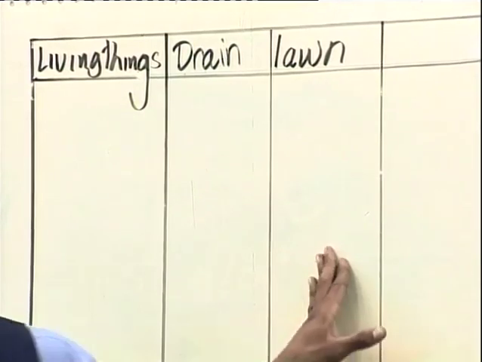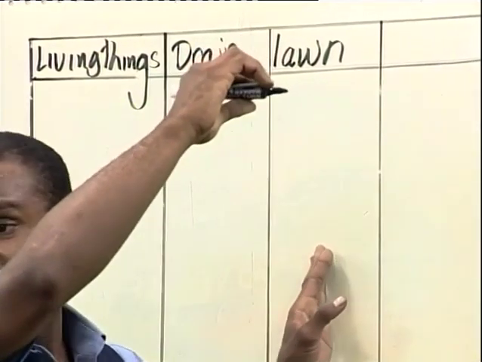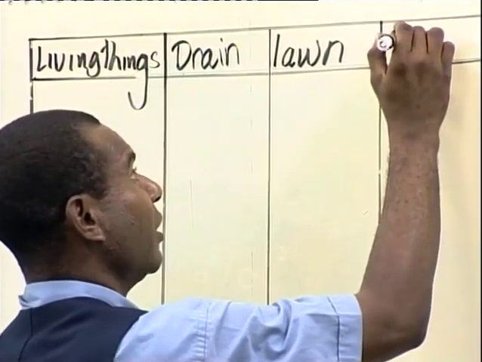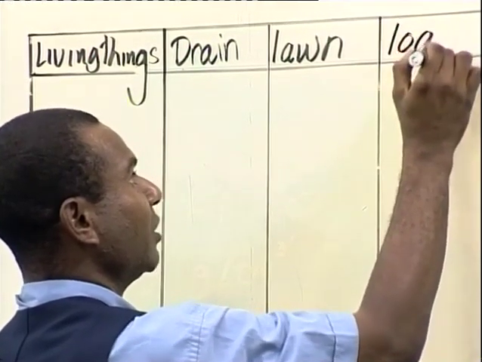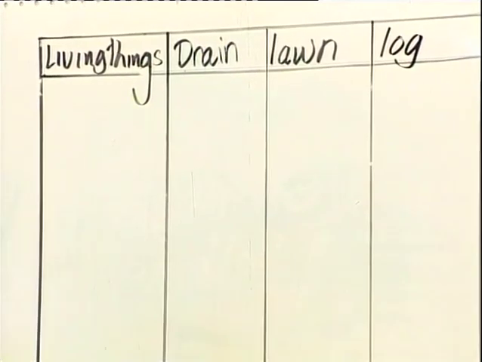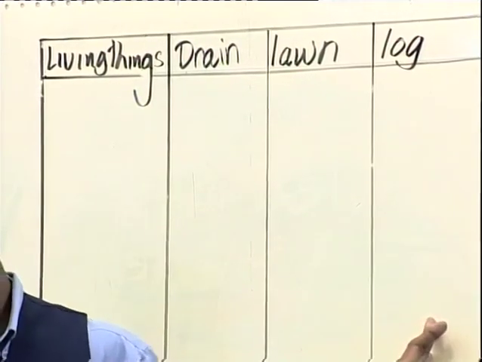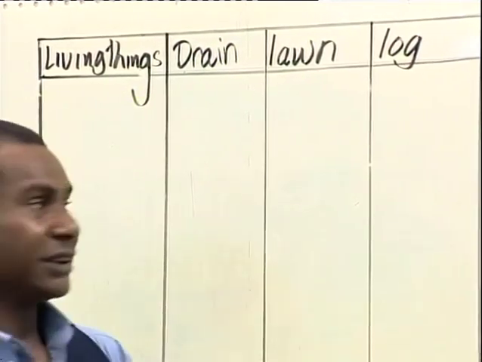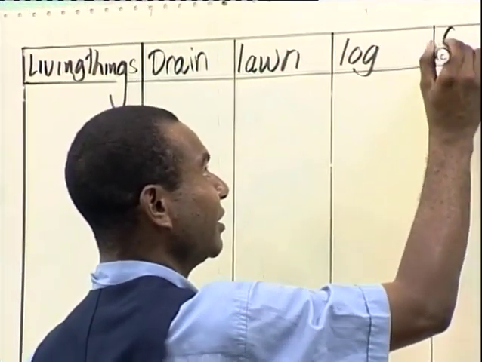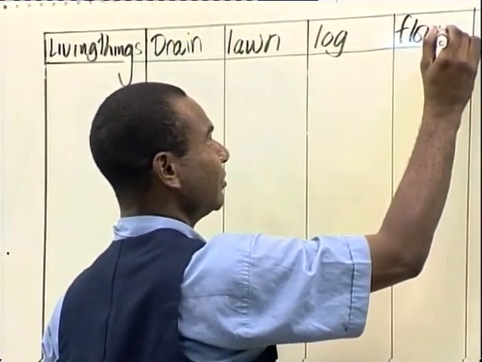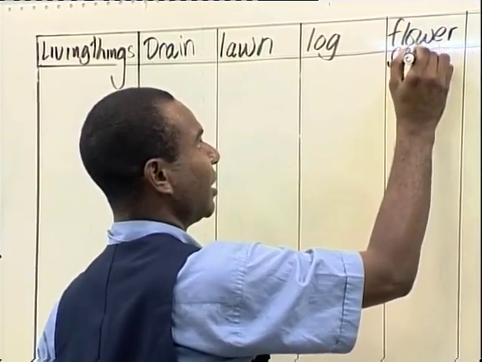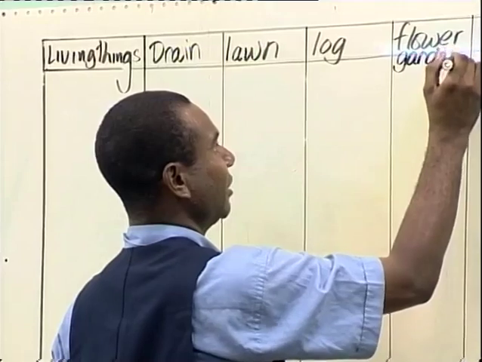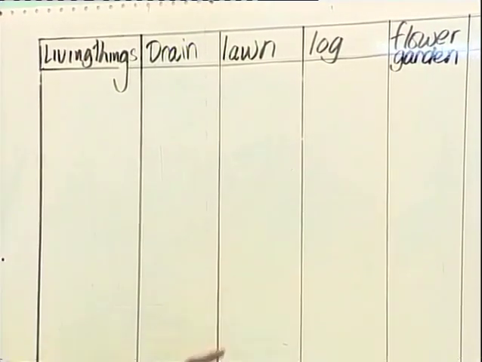Next one was the, okay, log and the flower garden. Running out of space.